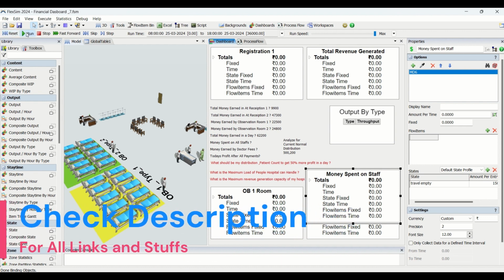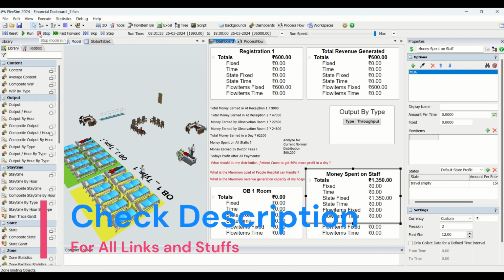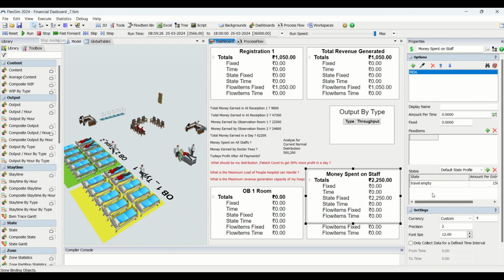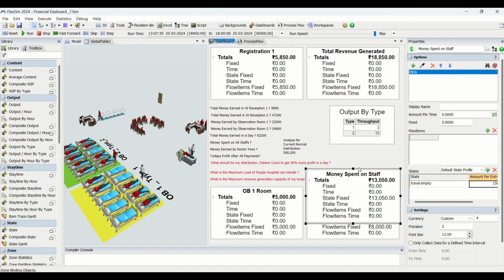So now let us reset the simulation model and run and find out. If you see what is happening, whenever a trigger of travel empty comes out, this is going to take it as one entry, and that is where it is going to increment itself, and it is going to give us the money spent on the staff.